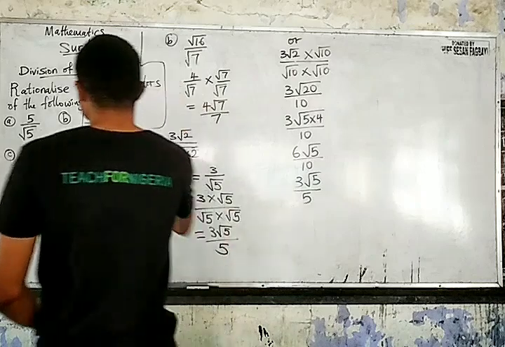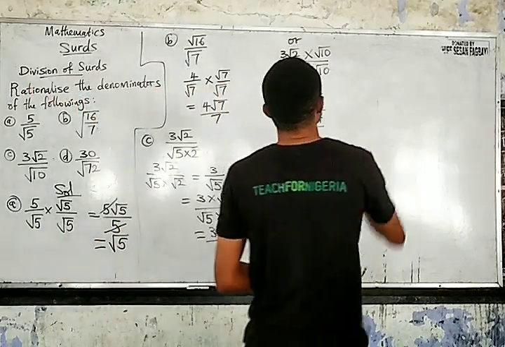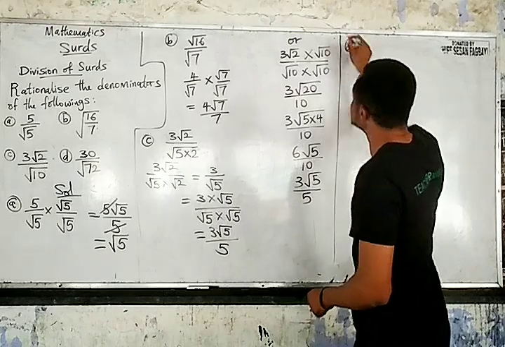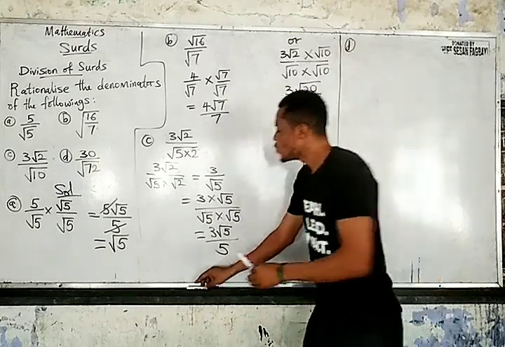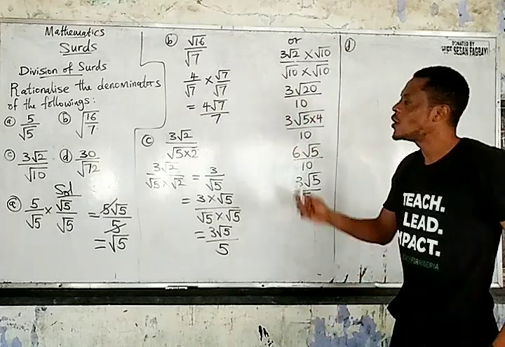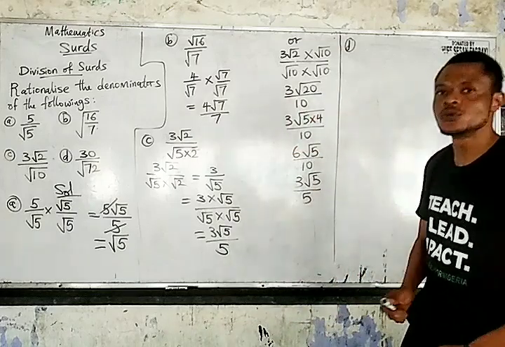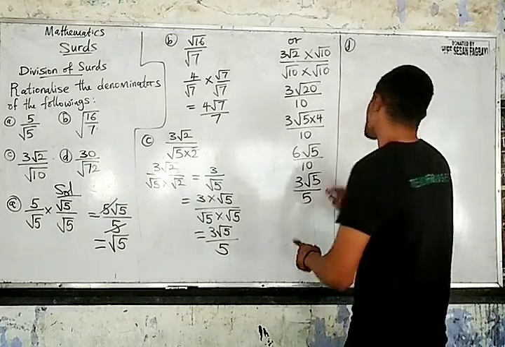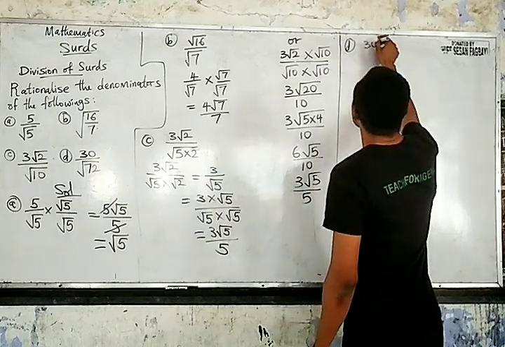Let's proceed to the fourth example here. For the D, we have 30 all over root 72. I'll be using a method here because of our time.